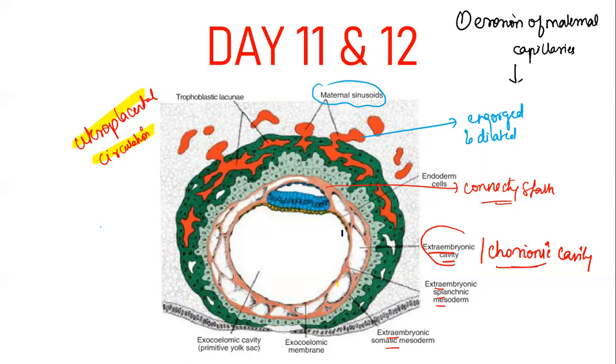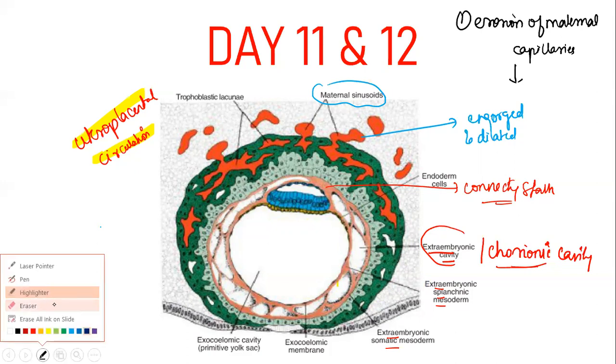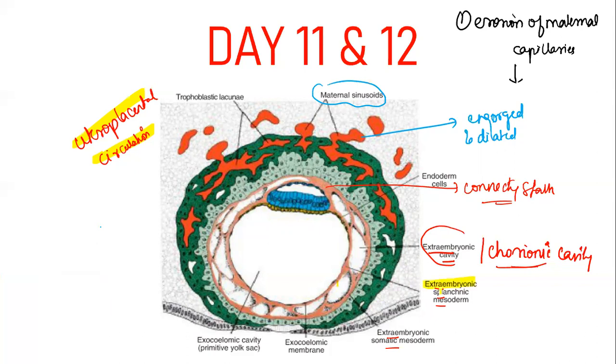So the layer of mesoderm which lines the primitive yolk sac is called the extraembryonic splanchnic mesoderm. Yes, what is the name? Extraembryonic splanchnic mesoderm. So this is the layer of mesoderm that lines the primitive yolk sac, right?